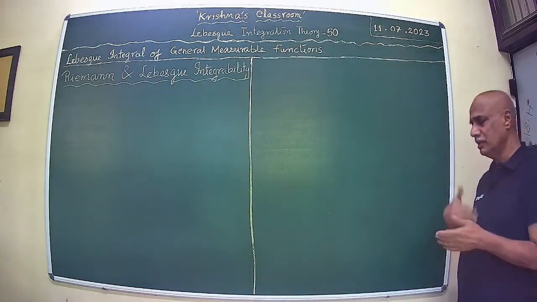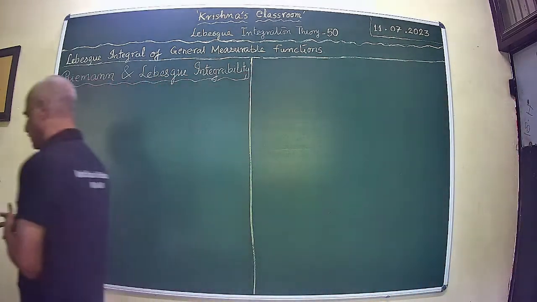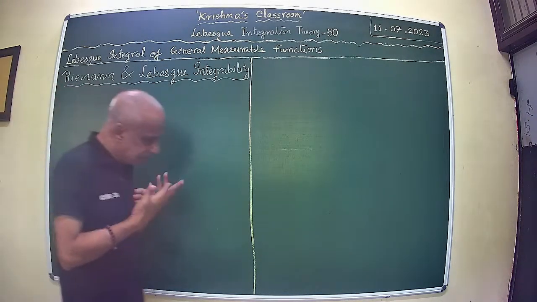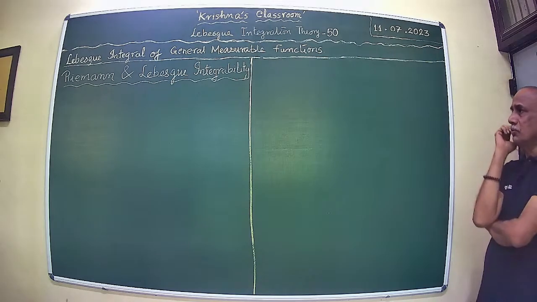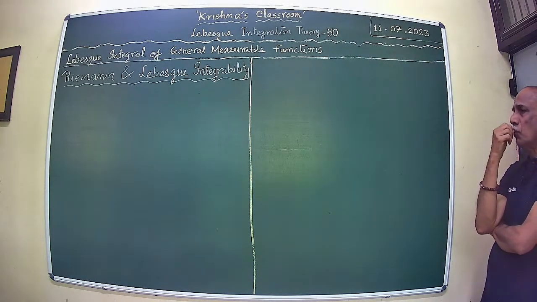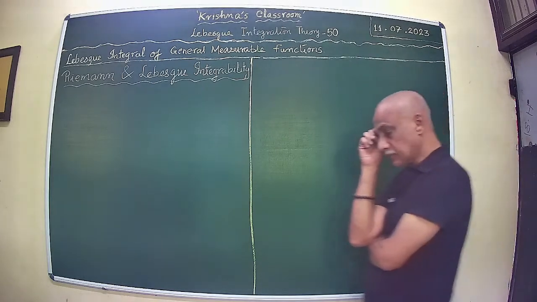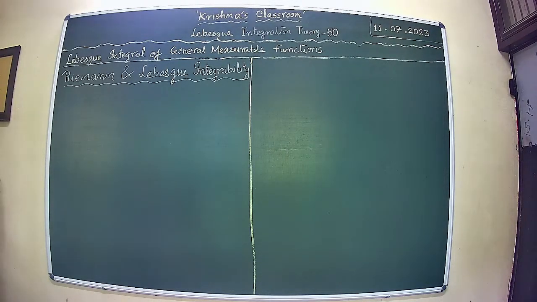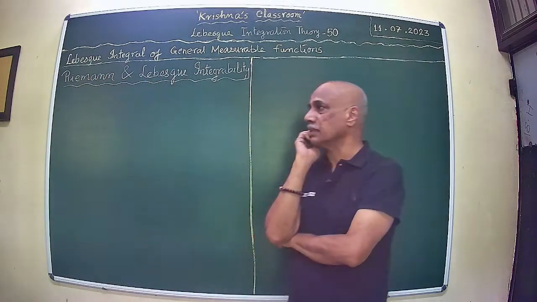And then we asked whether the limit exists or not. This kind of questions were asked. So at each stage, that is, at the construction of the measure and so on, we have checked that we are closely following the path we had worked out in the case of the Riemann integral. Lengths were generalized to what are called measures, and the intervals were replaced by measurable sets, and so on.